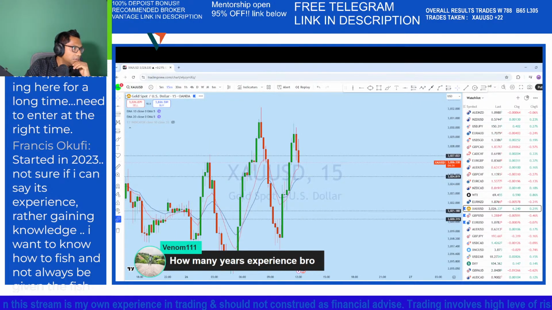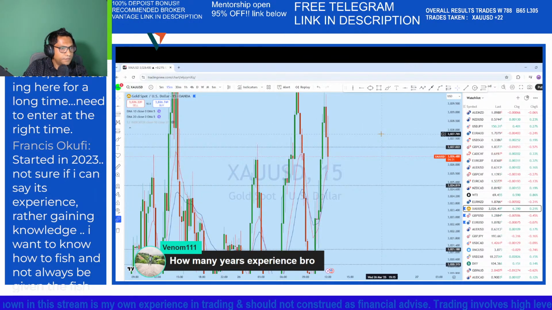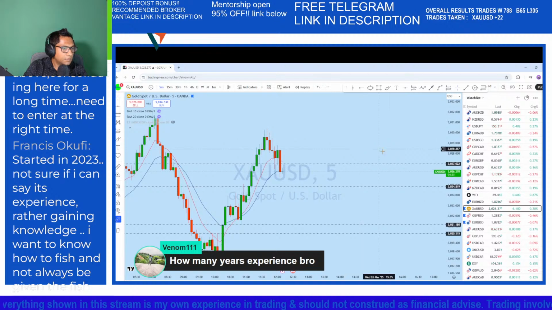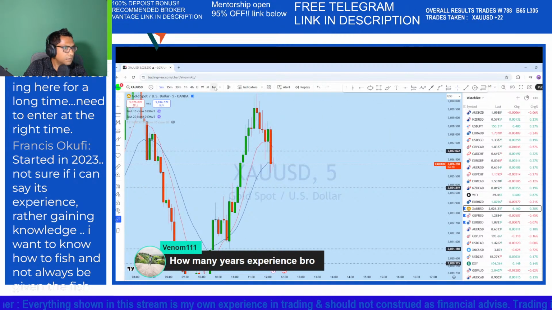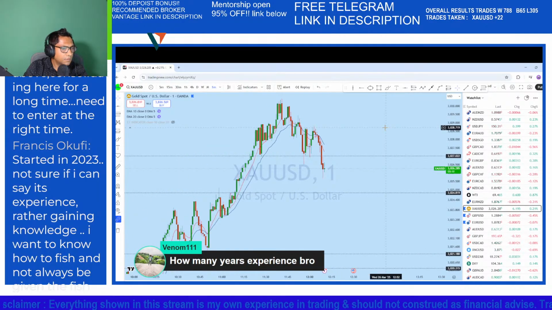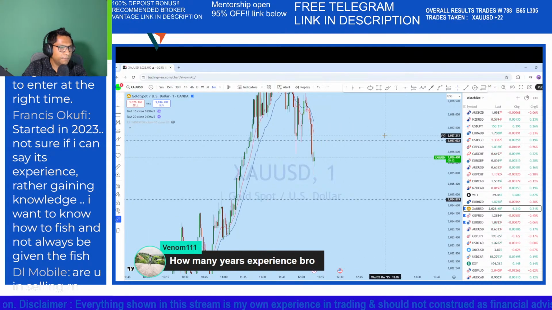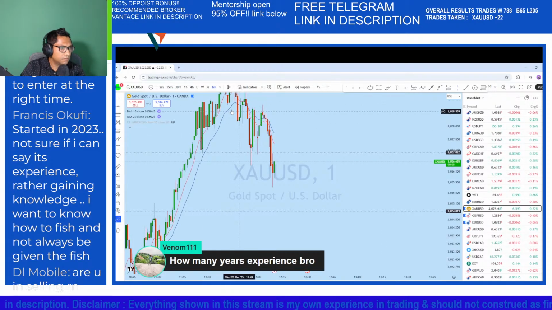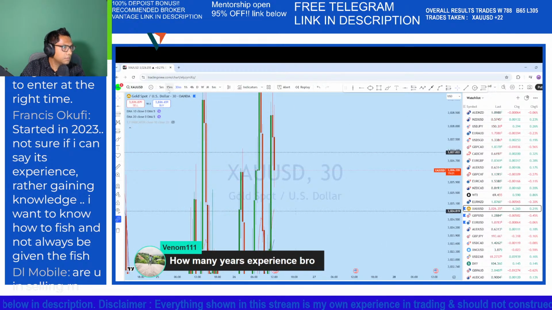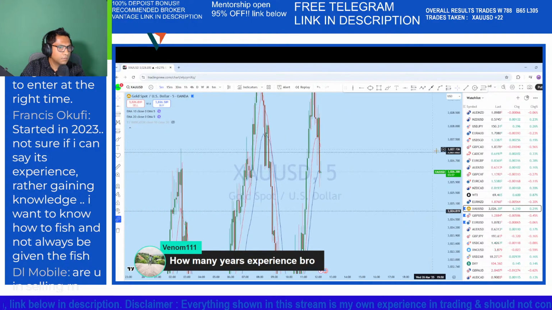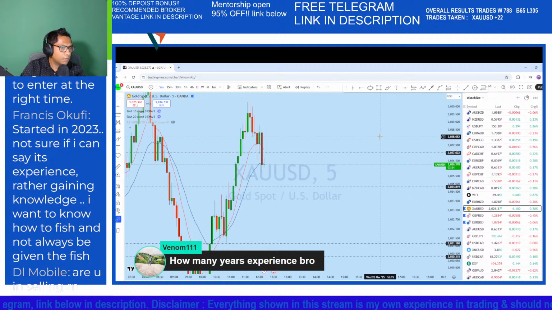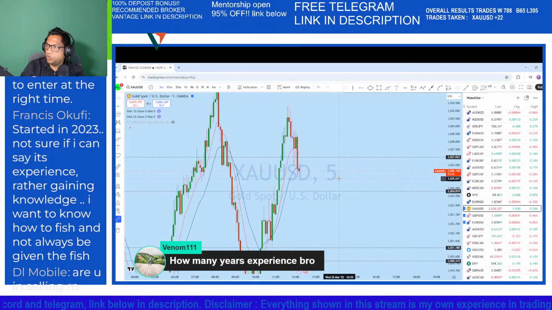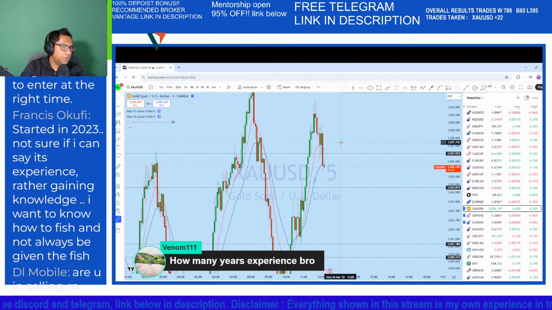All right, so as it forms a doji, what we can see, guys, is it's trying to continue to drop here with multiple liquidity gaps.